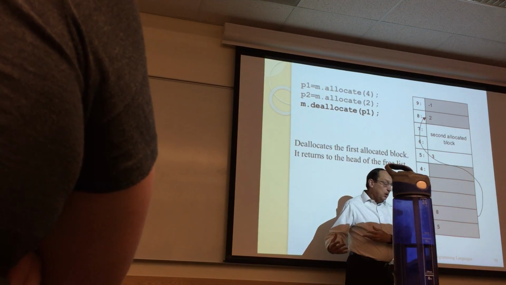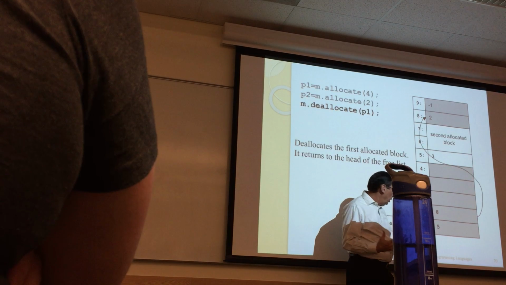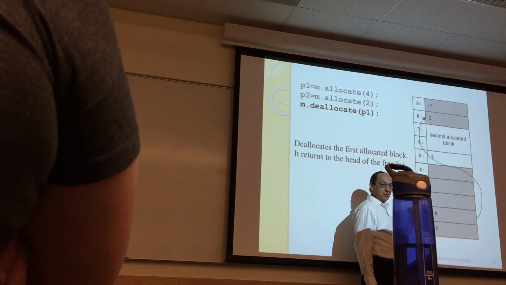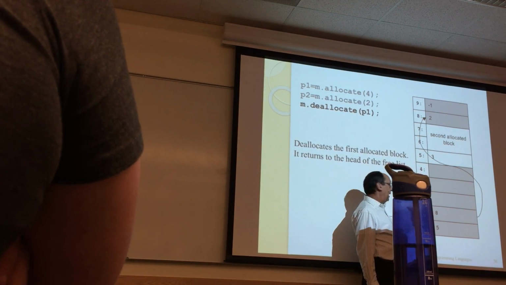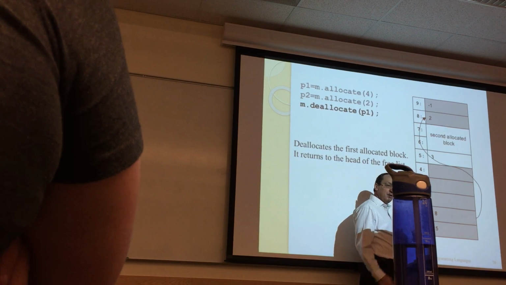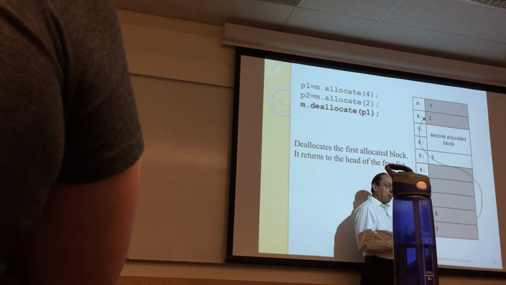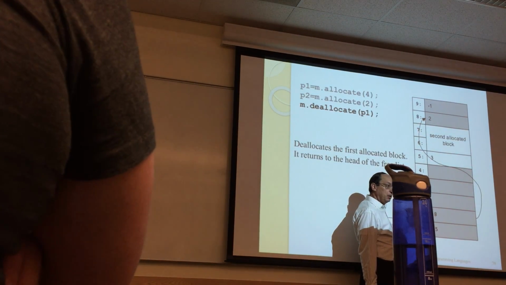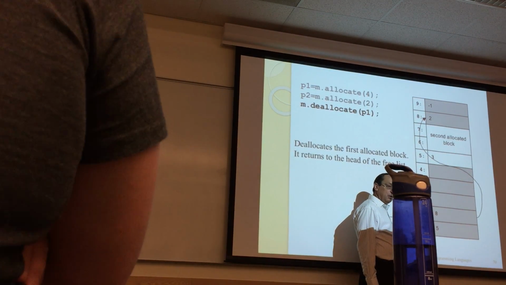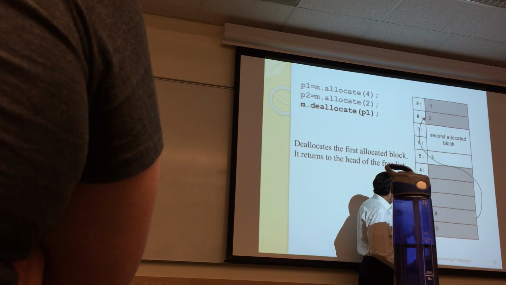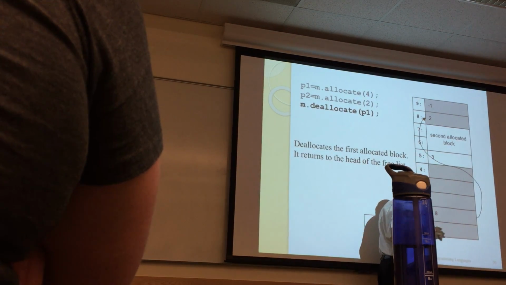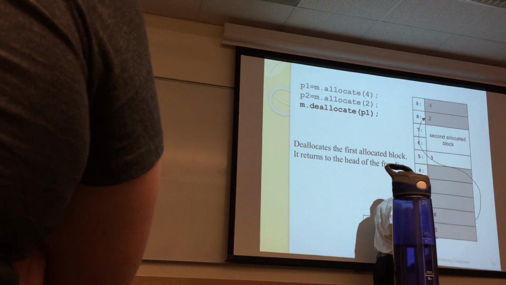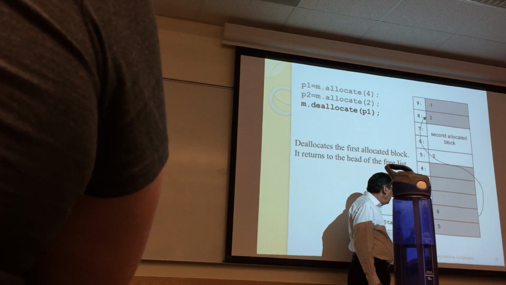Now, when we say P1, P1 holds the address to this memory. We always back up one to find the information of how big the allocation was. You get this pointer because that's the usable memory. And then we just back up one and we see, oh, it was 5. So I'm going to make these 5 things free now. And what was the free pointer is going to go here.